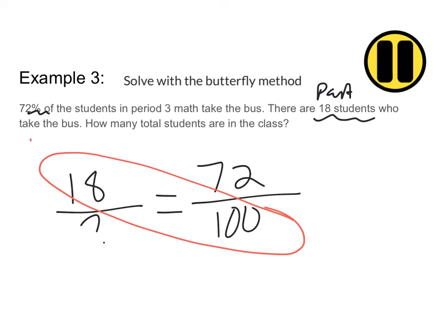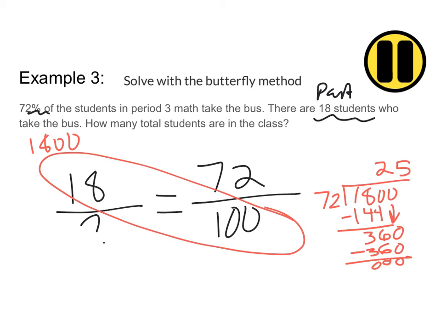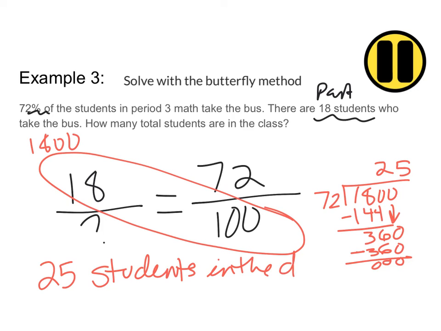When we multiply, that would give us 1,800. And so then we need to divide by that remaining number. So 1,800 divided by 72 comes out to be exactly 25. So that means there are 25 students in the class.